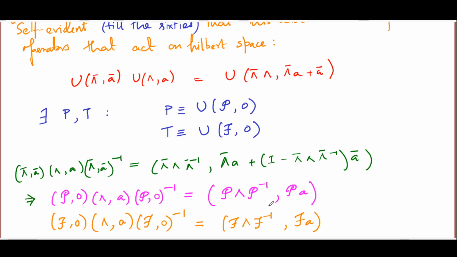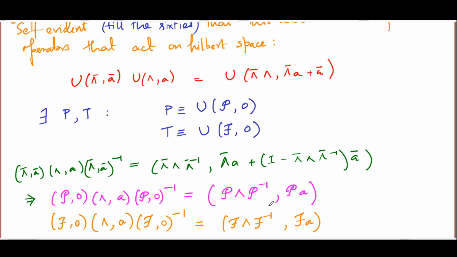Now, in particular, at the level of Lorentz transformations or Poincare transformations, if you replace lambda bar, A bar by curly P, 0, you immediately end up with the result that curly P, 0 times lambda, A times curly P, 0 inverse is simply curly P lambda curly P inverse, curly P A. And very similarly, you can show that curly T, 0 times lambda, A times curly T, 0 inverse has a very similar expression as curly T lambda curly T inverse, curly T A. Now, this is obvious from the result that I have written down in green here.